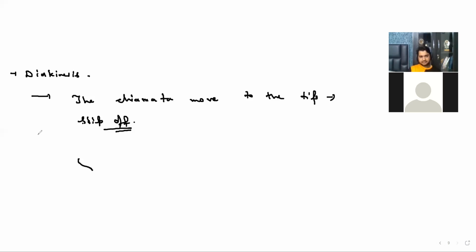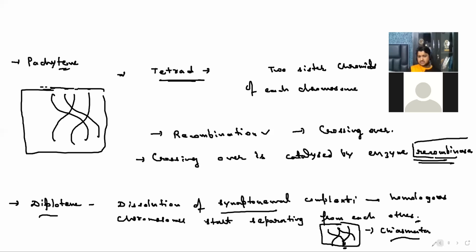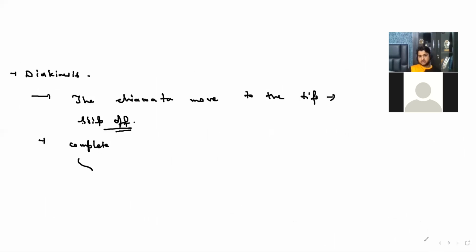Is chiasmata found in any chromosome, or only in the crossover chromosomes? Only the homologous chromosomes, only when they are crossing over.